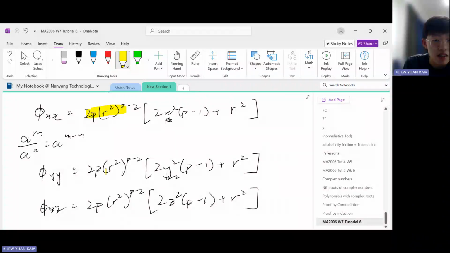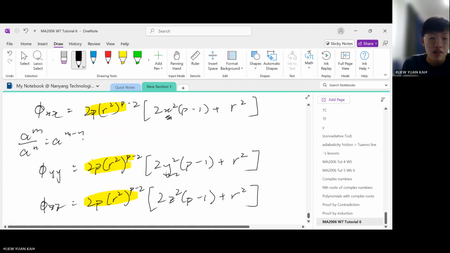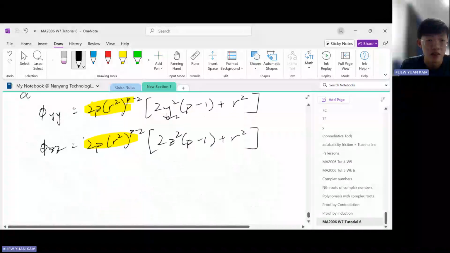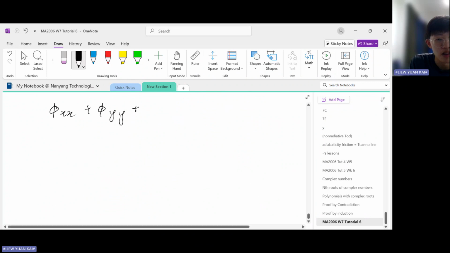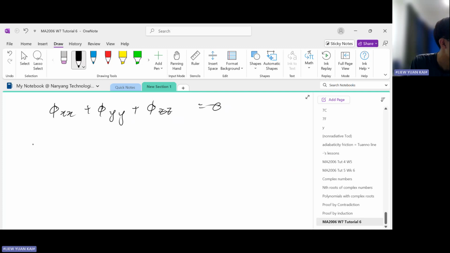Since xx plus yy plus zz equals 0, we can take it out. The common factor is 2p r squared to the power of p minus 2.